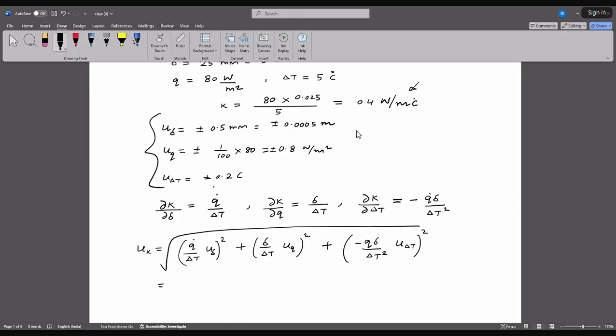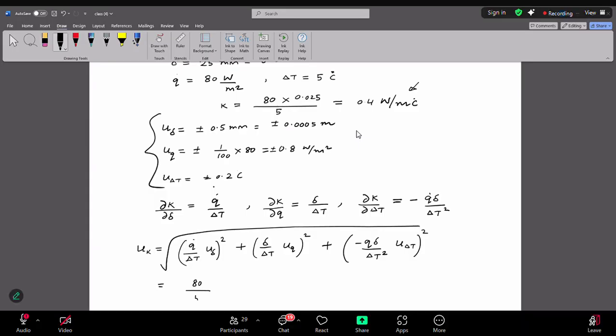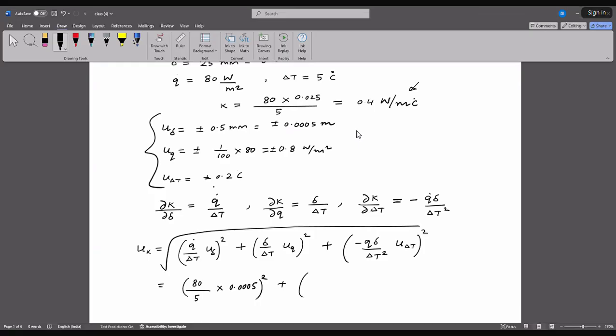So your Q dot is 80, delta T is 5, and U delta is 0.0005, squared.